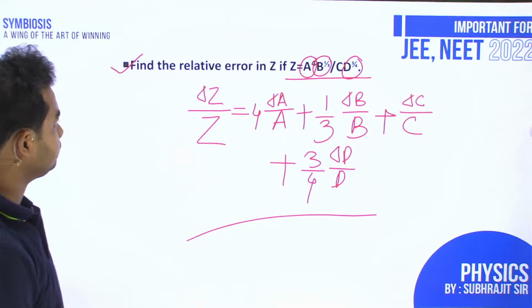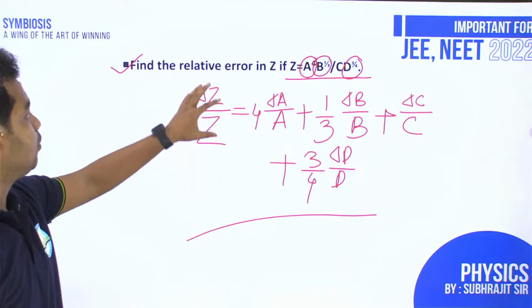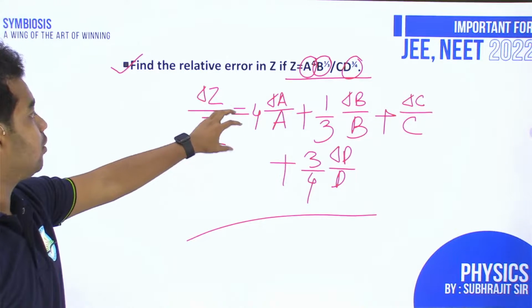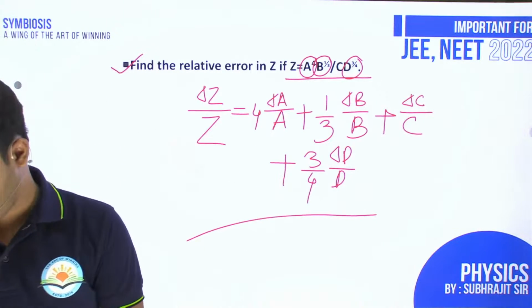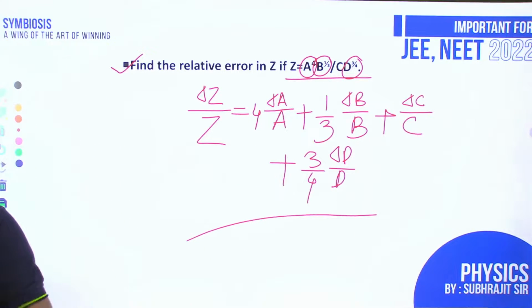Got it? In this way we can find the relative error of any quantity or any equation. Got it, everyone?